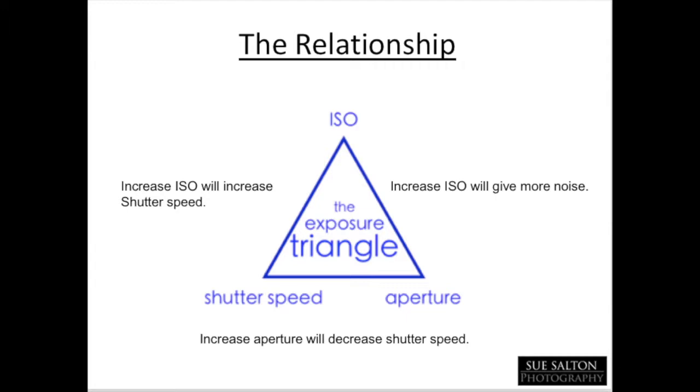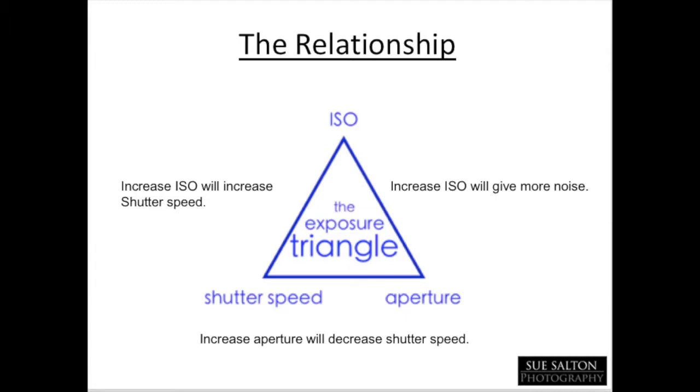Okay, so this is the magic triangle slide I spoke about earlier. I think it's pretty self-explanatory. You have these three major settings on your camera: your ISO, your shutter speed, and your aperture priority. Shutter speed is how long the shutter stays open for, and the aperture is how much you open up your camera lens.